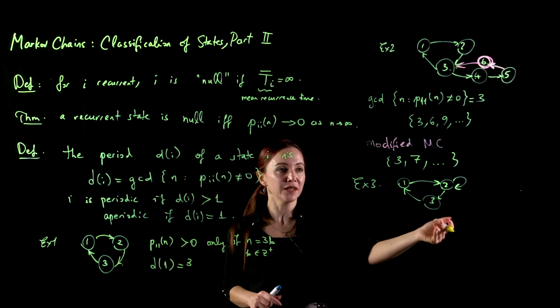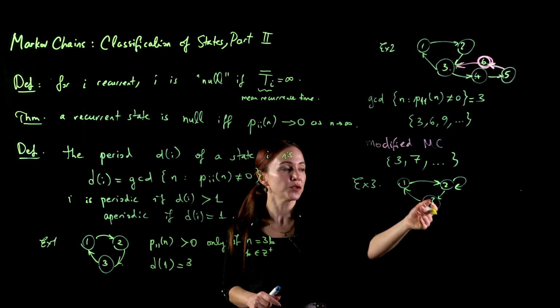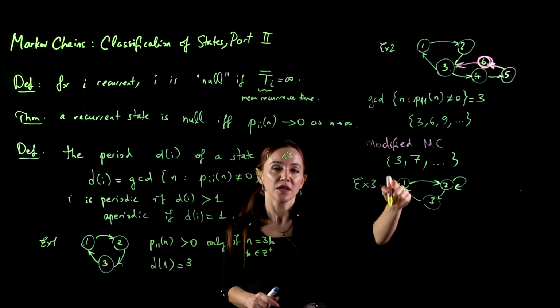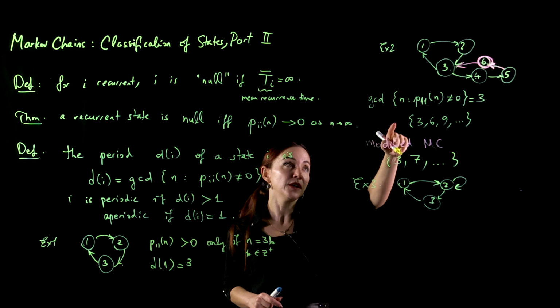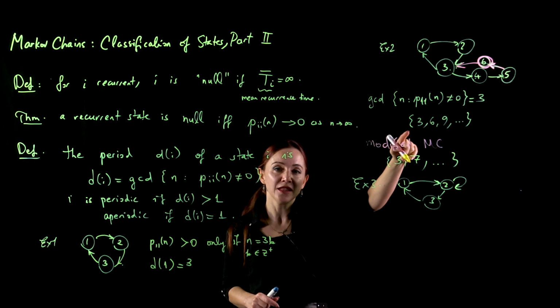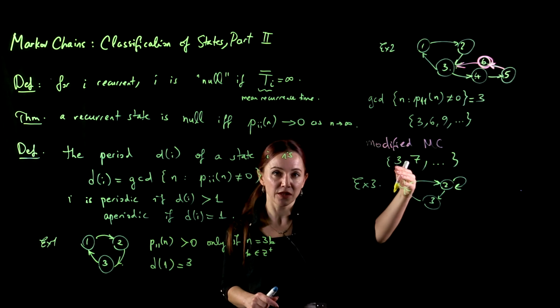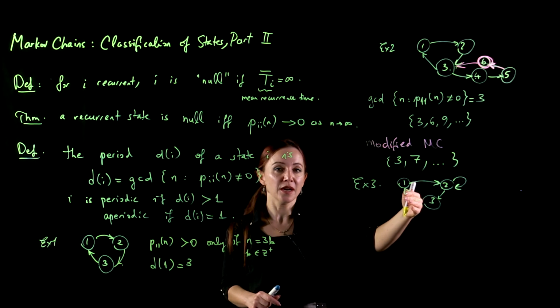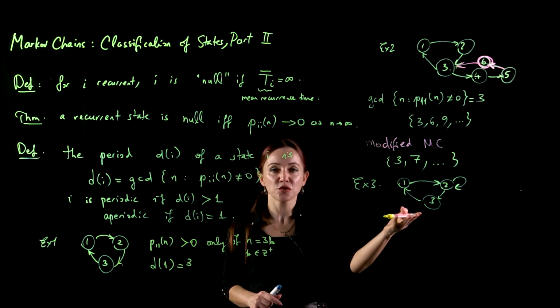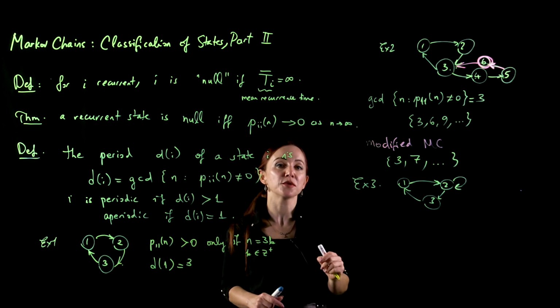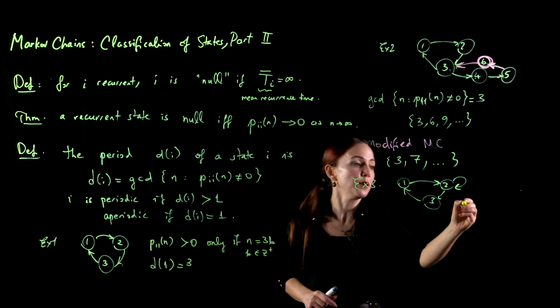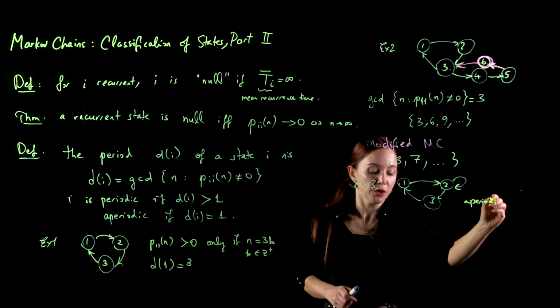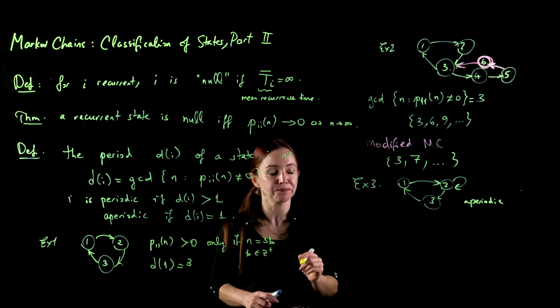And it's very easy to prove, because if you add a self-transition, if Pii of n is non-zero for a given n, it is non-zero for n plus 1. And clearly, by this reasoning, the greatest common divisor is going to be 1. So this is aperiodic because of the self-transition.